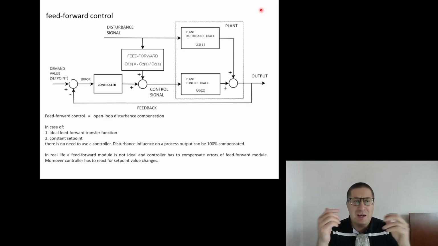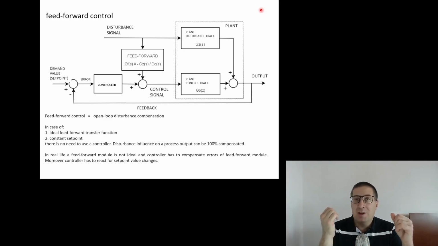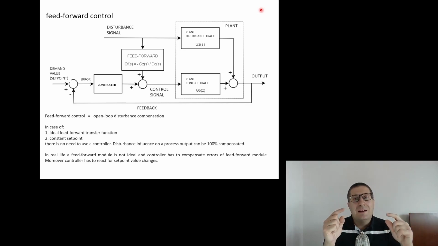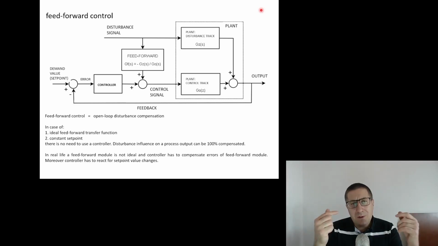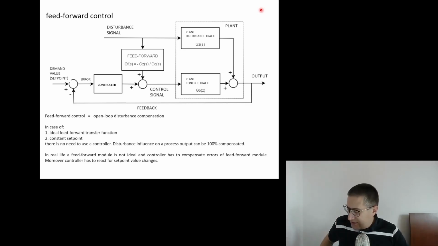It's obvious that I don't have to wait to see the temperature drop. If I can measure the disturbance, so right now I measure it with my eyes, that someone opens the window, then I can act faster before the disturbance affects the output, right? So there is 2 minutes there, 30 seconds here.